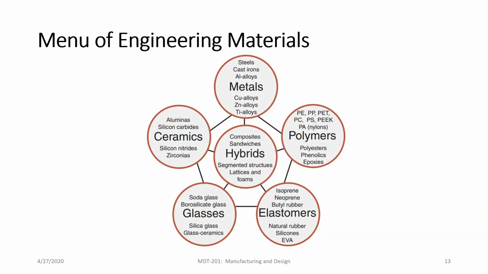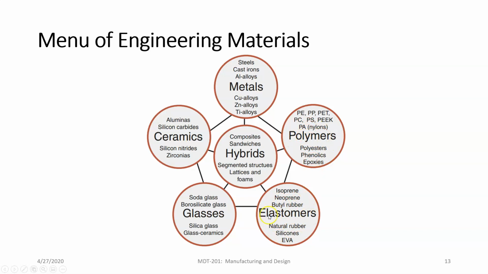So this is a graphic that helps us to understand the different materials that we have, the menu of engineering materials, so to speak. At the top we have metals: steels, cast irons, aluminum, copper, zinc, titanium. Obviously there are others. This is not an exhaustive list. Going clockwise, we have the polymers, the plastics: polyethylene, polypropylene, all the different polyesters, phenolics, epoxies, nylons.